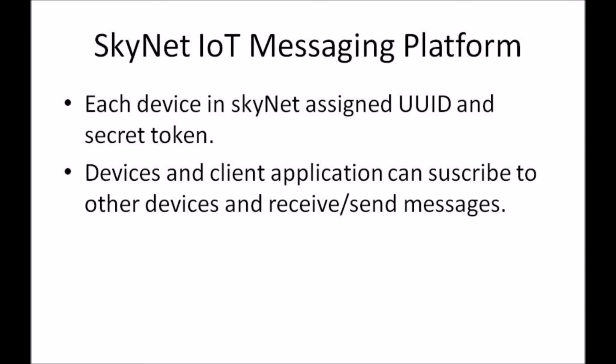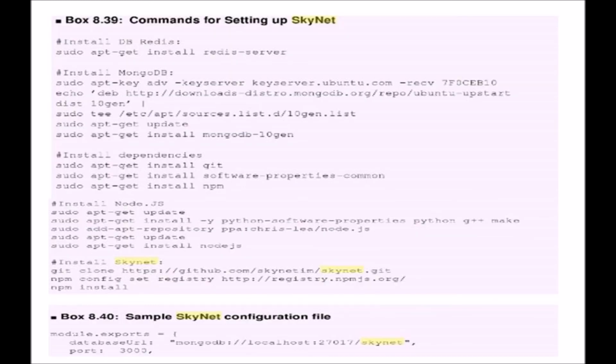In the Skynet IoT messaging platform, each device is given a UUID, Universal Unique Identifier, and a secret token. The devices and client applications can subscribe to other devices, and they can also receive and send messages both ways.